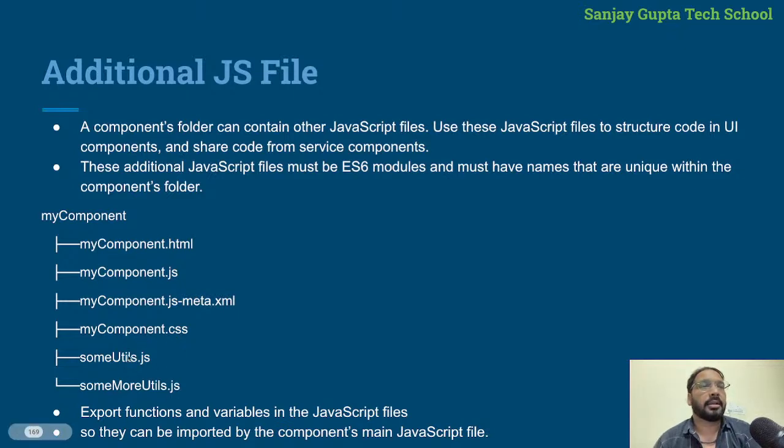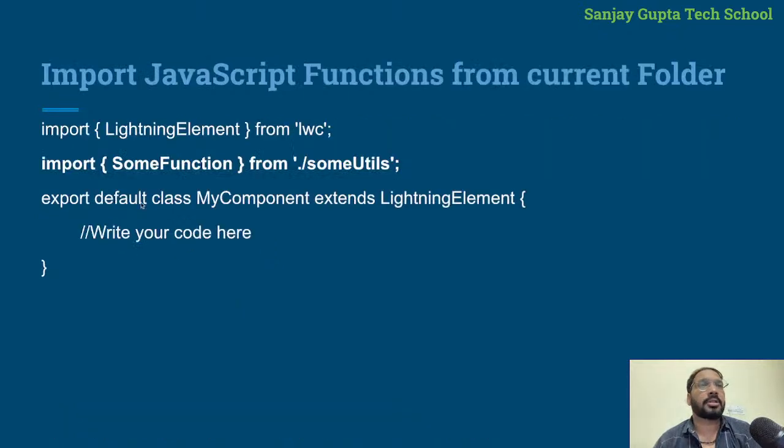So these are additional JavaScript files. You need to use export for functions and variables in the JavaScript file so that they can be imported by the component's main JavaScript file, right? So whenever you create these JavaScript files, you need to use the export keyword before the methods or functions.